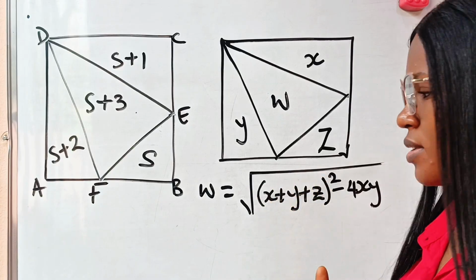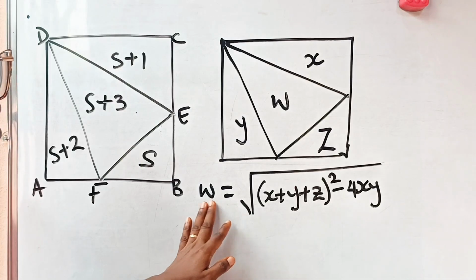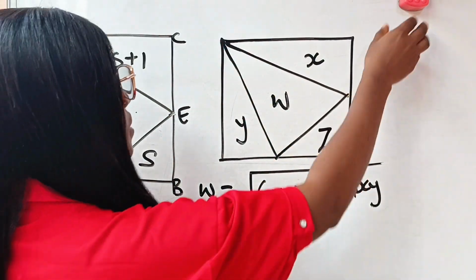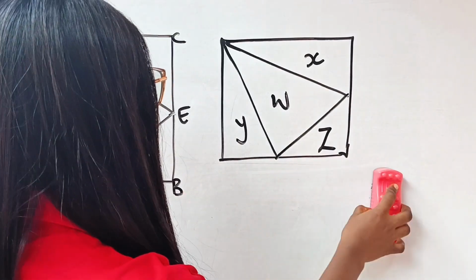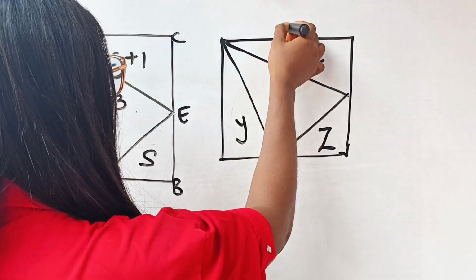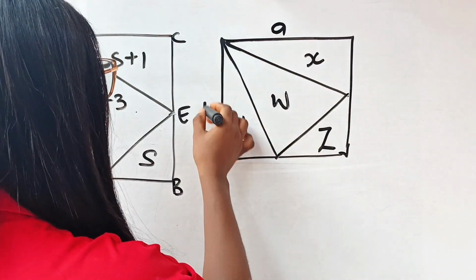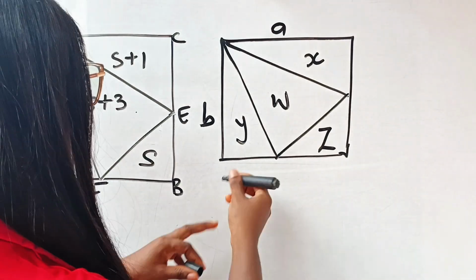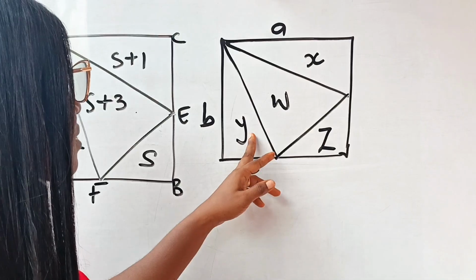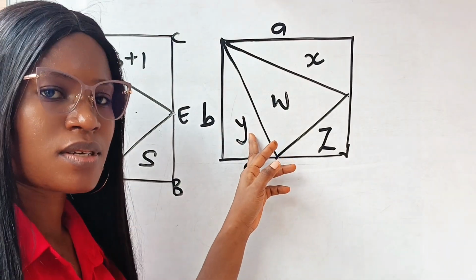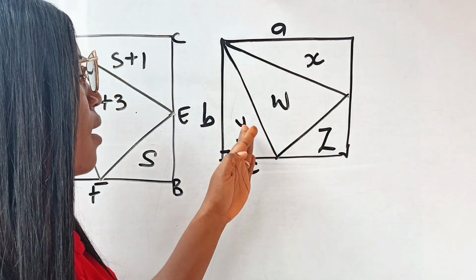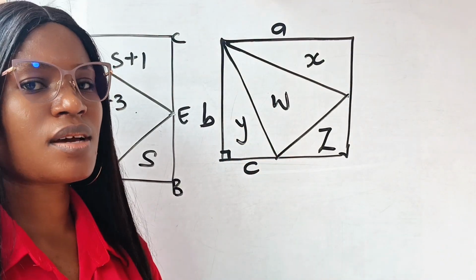Now we are going to prove it first. Let us prove this particular theorem using this particular diagram. Let's call the length from here to here A, and the length from here to here B. Then let's call this place C. This is a right angle triangle, and the area of a triangle is half base times height.